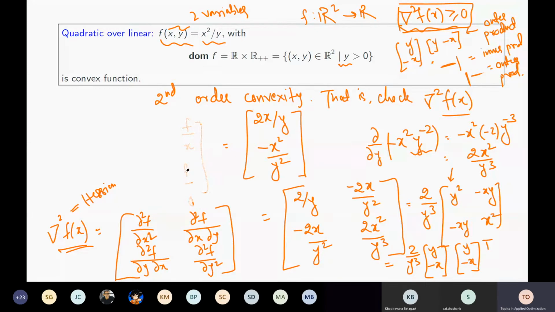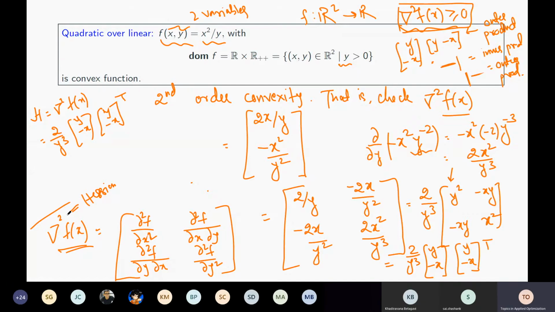Okay, so what we have is the following. The Hessian, which is grad square f of x, turns out to be of the form 2 by y cube, y minus x, y minus x transpose. So this turns out to be positive definite because y is greater than 0.